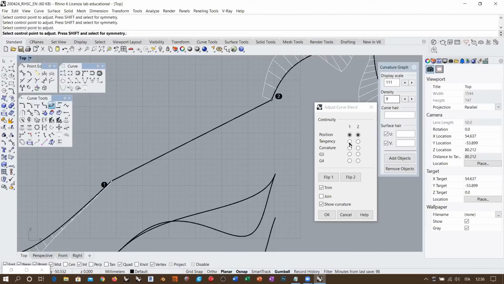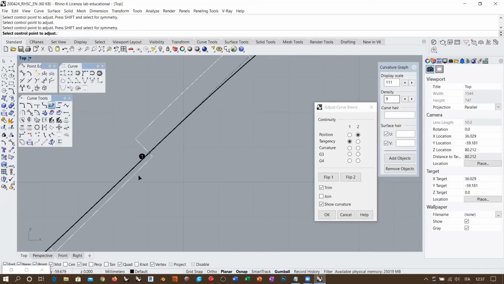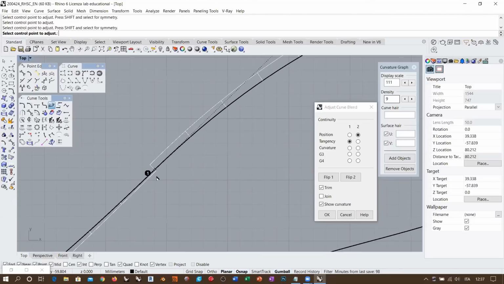The blend curve is actually showing no curvature graph because it's flat. If I increase to tangency, what happens? The curvature graph is discontinuous because there is a jump from a value that lies here to a value that lies on the opposite side. So it's a total change of sign, not only a discontinuous value.